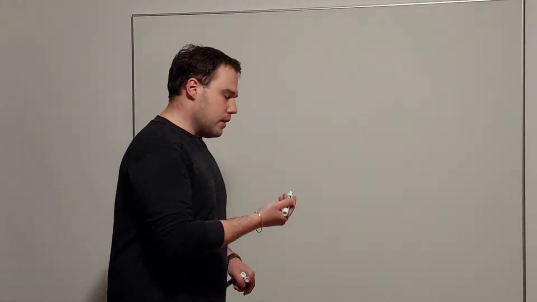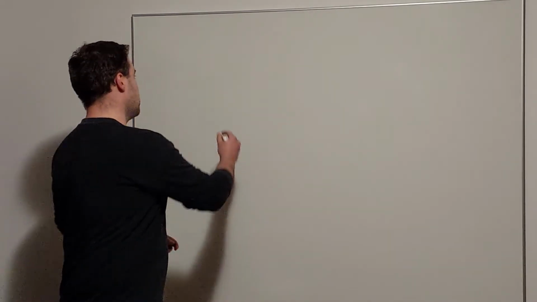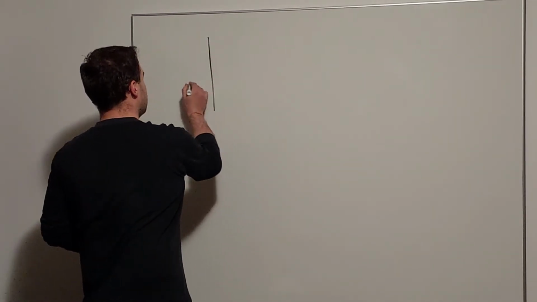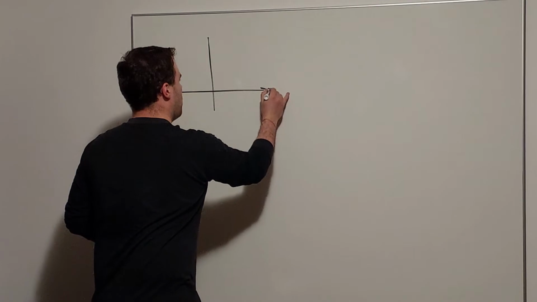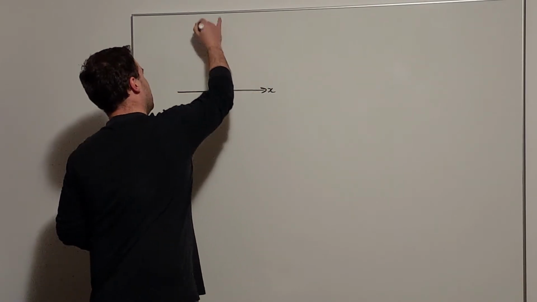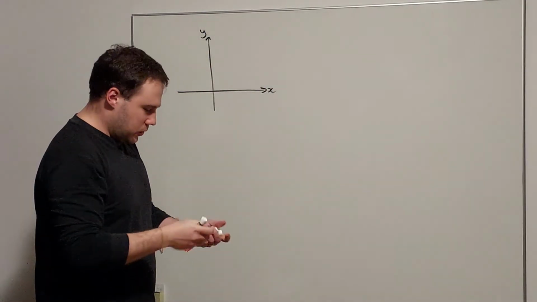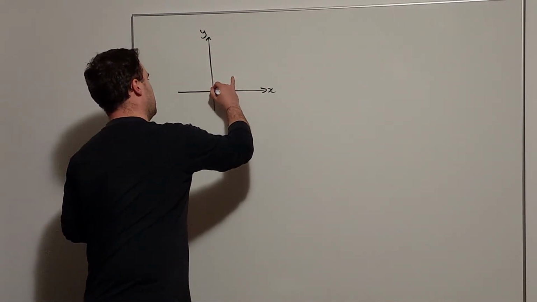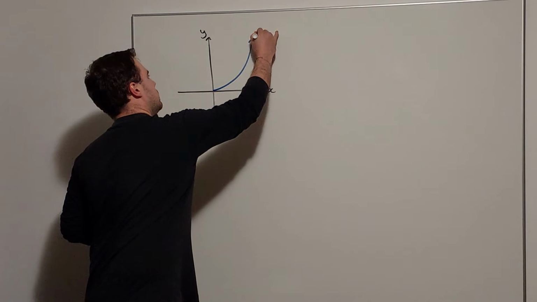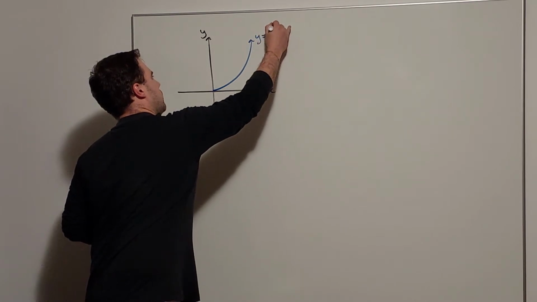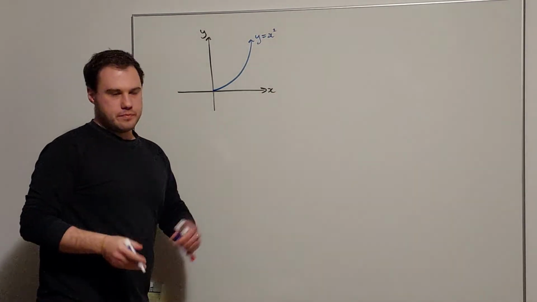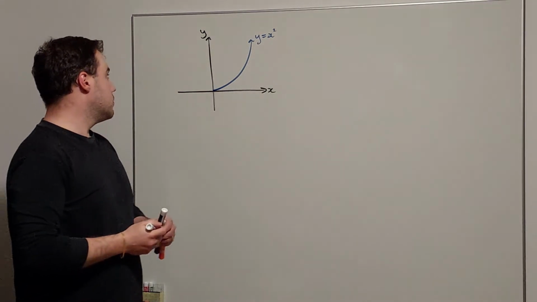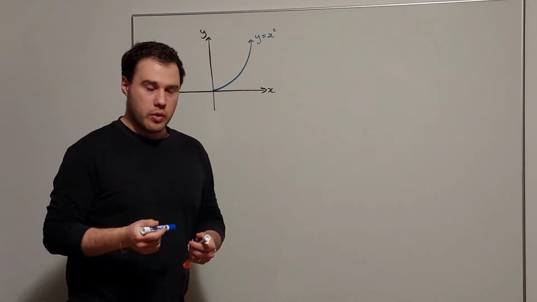So let's start with a function that's good to start these types of concepts with. Our trusty old parabola. All right, so we'll just have something like this. Y equals x squared. I'm just interested in the right half because we're going to take a point on the right half.